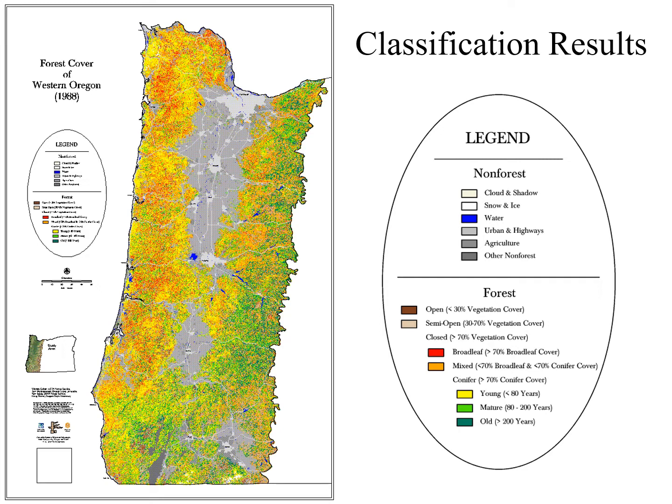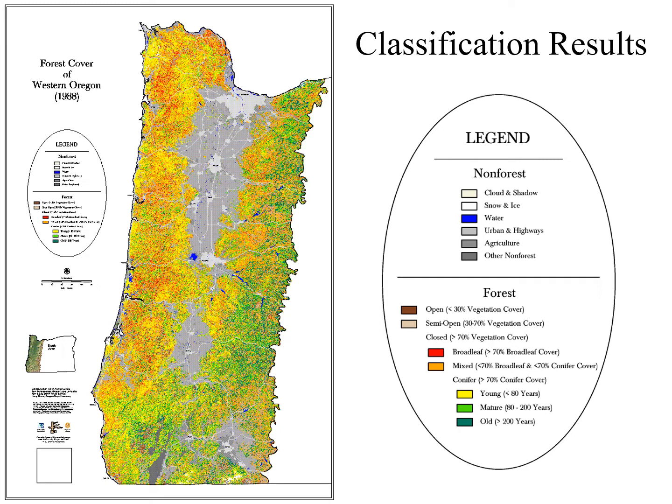This was done in 1988 for Western Oregon. This map has been updated numerous times since then, and it's a forest type map for Western Oregon, west of the Cascades.